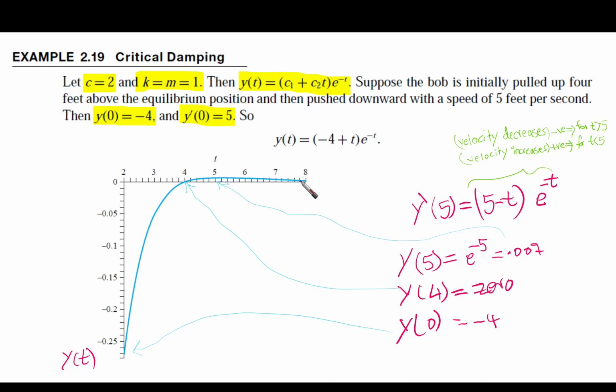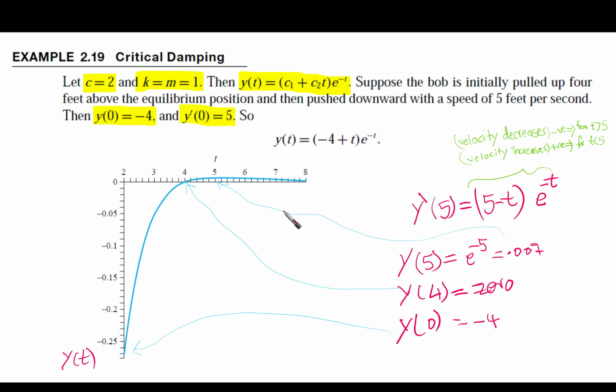So this is actually what we want you to understand: in the case of critical damping, the bulb will cut the equilibrium position, as you can see, and after that it goes back.